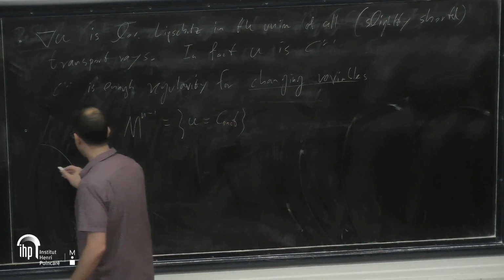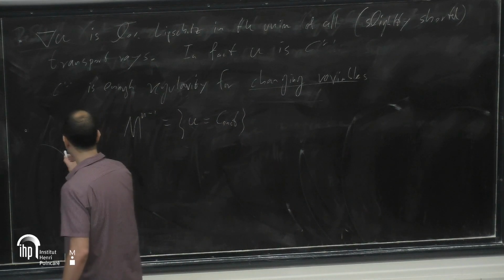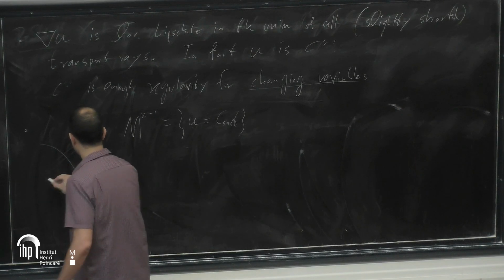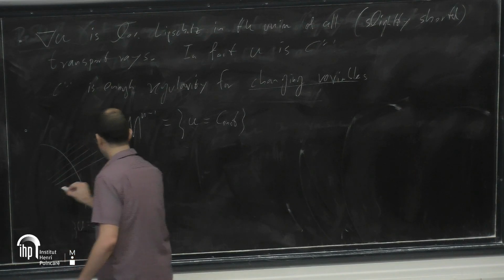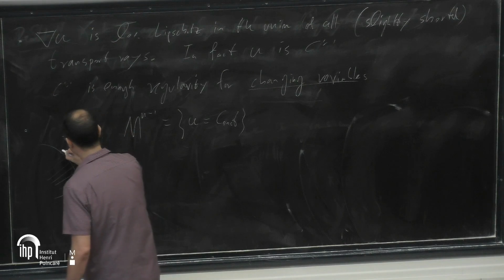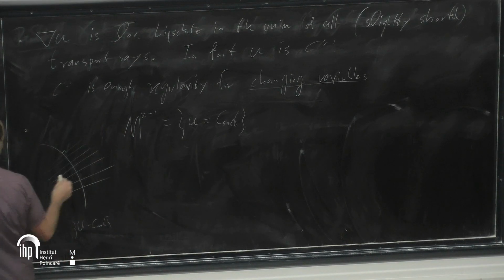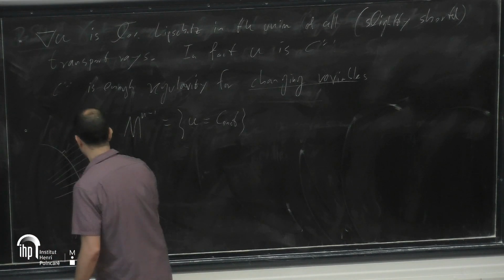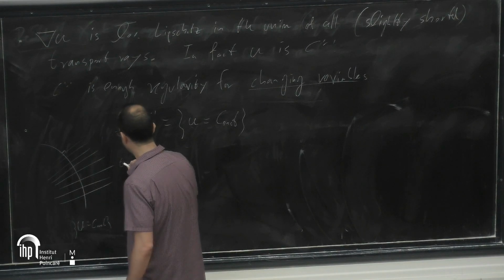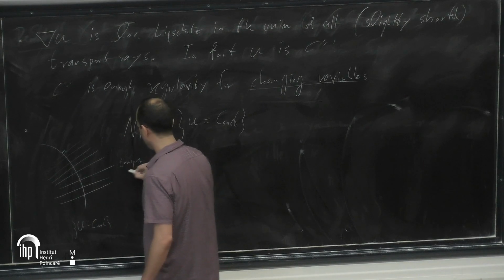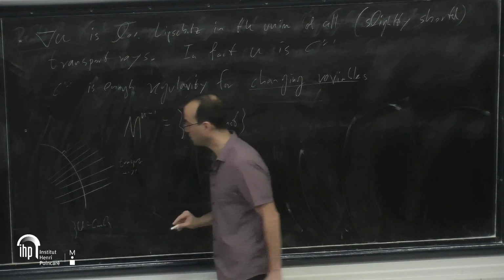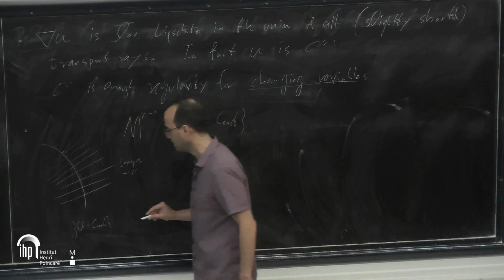And the transport rays, if there are transport rays, are orthogonal to it. We know that the gradient is parallel to the transport ray, so transport rays are orthogonal to the level set.